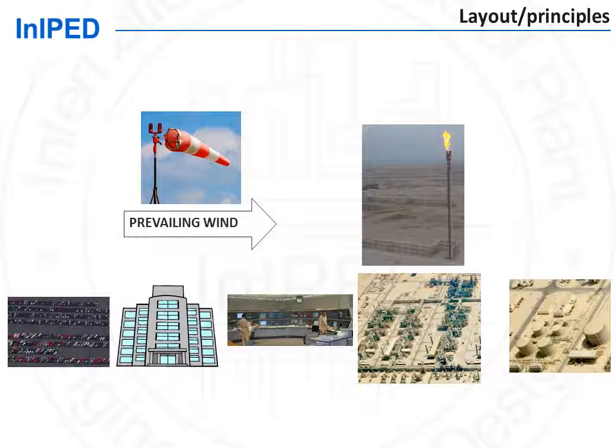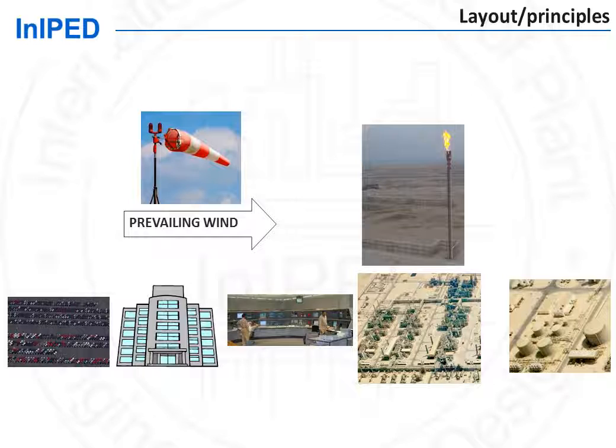As you can see, the prevailing wind is blowing from the left side. The flare has been located crosswind of process units, and the storage tanks have been located downwind of the flare. The storage tanks could also be located downhill if the relief of the site so allows.